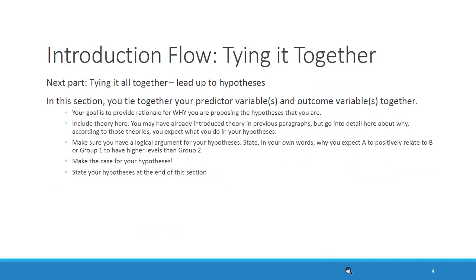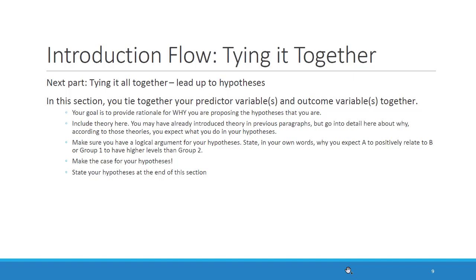In the next part of your outline, you are tying it all together, and this leads up to your study hypotheses. So in this section, you tie together your predictor variables and your outcome variables. And your goal is to provide a rationale for why you are proposing the hypotheses that you are. You want to include theory here, of course, like we've been talking about throughout the semester.